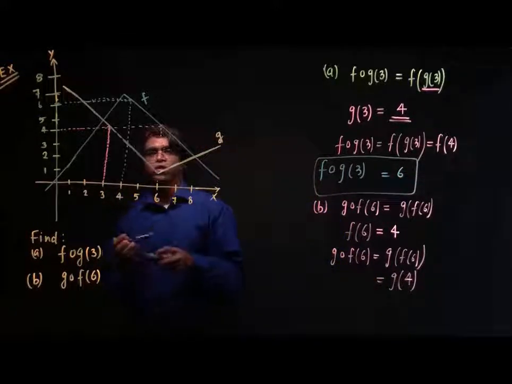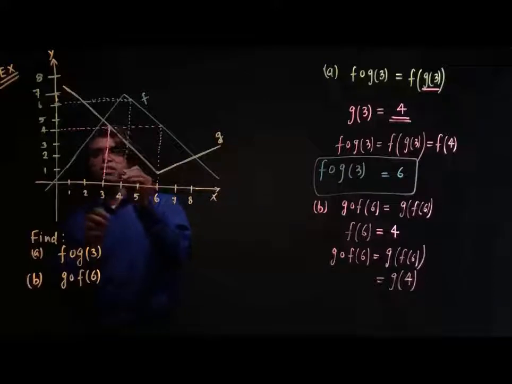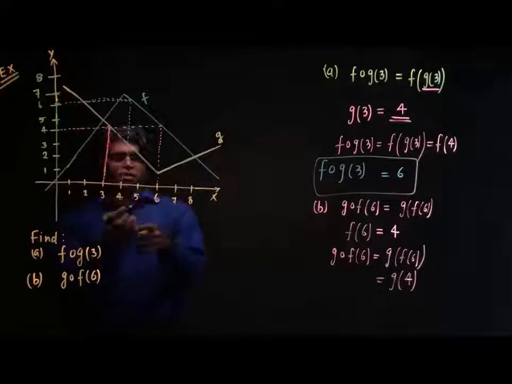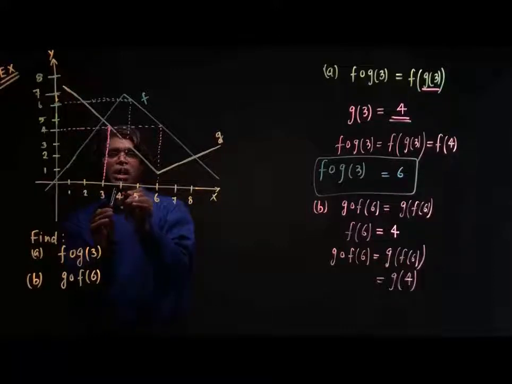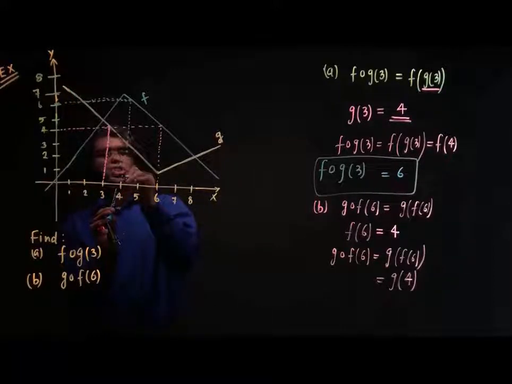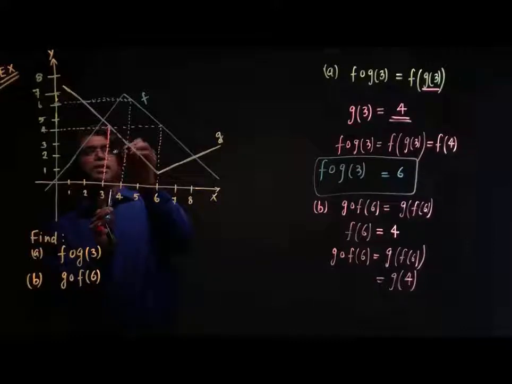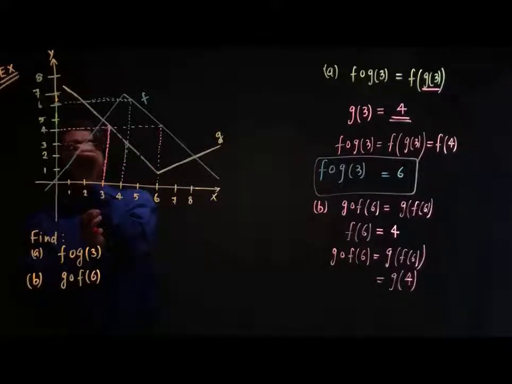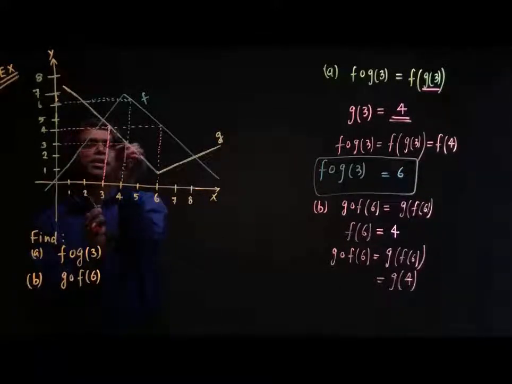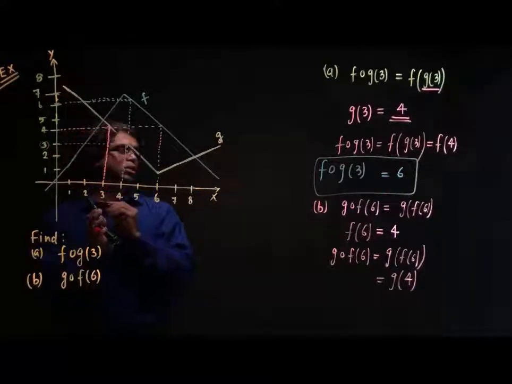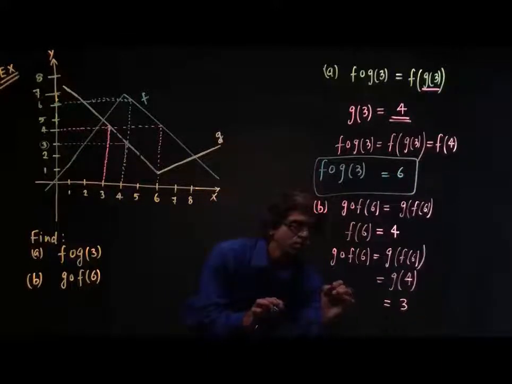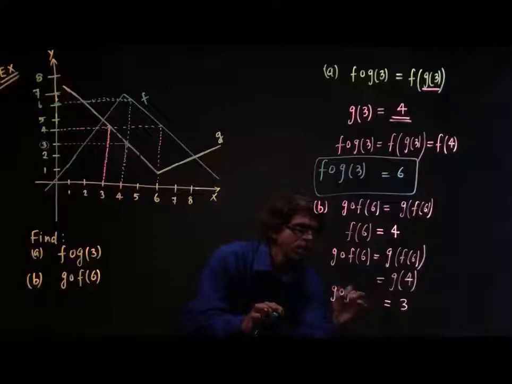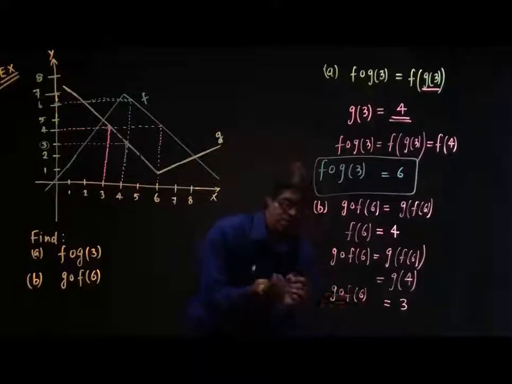If I go to 4 and draw a line all the way to function g, like this line, and connect that line with the y-axis, my value is 3. So this will give me 3.